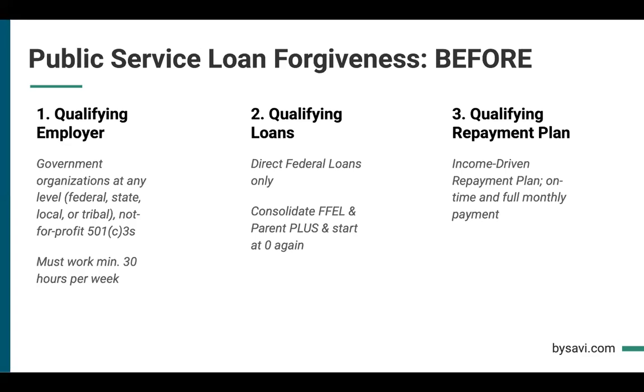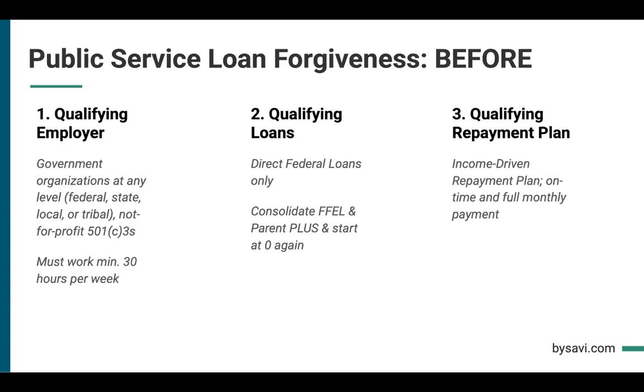Now, before I talk more in depth about each of those categories, I first wanted to clarify a few things about these 120 qualifying payments, some common misconceptions. So number one, you do not need to make 120 consecutive payments. You just need to reach 120 qualifying payments cumulatively.